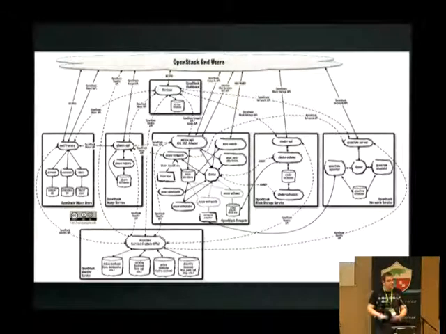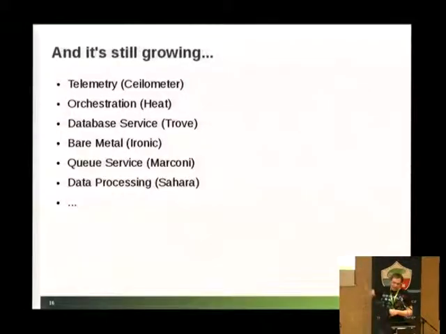It all makes sense if you really look into the details and you try to understand, but it's very hard when you first approach it and you're like, okay, where should I start? You don't know. It's so huge. And I told you this is from Grizzly, I think, but this is still growing. It's missing a lot of boxes. Telemetry, Ceilometer and Heat, which are for telemetry and orchestration, have been integrated a few releases ago.